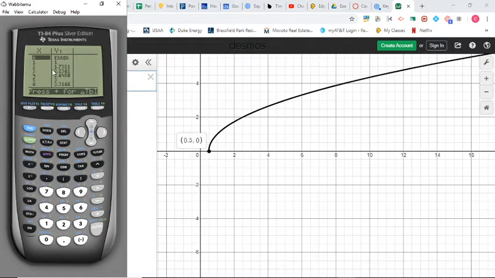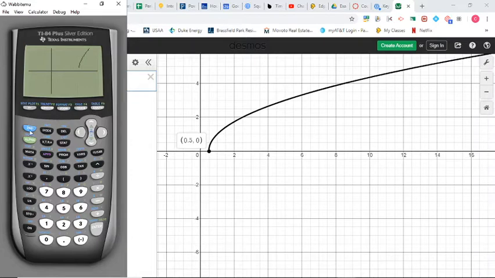There's a way to change it. I'm pretty sure if you hit second window, table set, and change it to 0.5, and then hit the second graph button, it'll pull up your table. Now it's in 0.5 increments. So you can see at 0.5, there is a 0. But if you're just looking at your graph, well, it doesn't look like it.